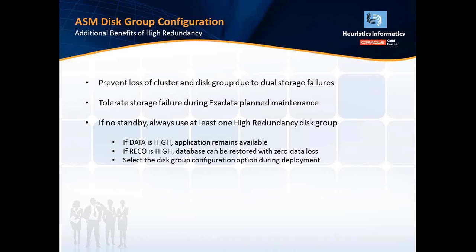On the other hand, depending on SLAs and individual or organizational needs, we can keep data at a normal redundancy, but the recovery disk group at a higher redundancy. That way, we will have a higher recovery time objective. That is, if 2 storage or 2 disks fail, we may lose a disk group, but we'll be able to recover with 0 data loss. So our recovery point objective will be 0, but our recovery time objective will be a little higher than what you would see in a high redundancy on the data disk.